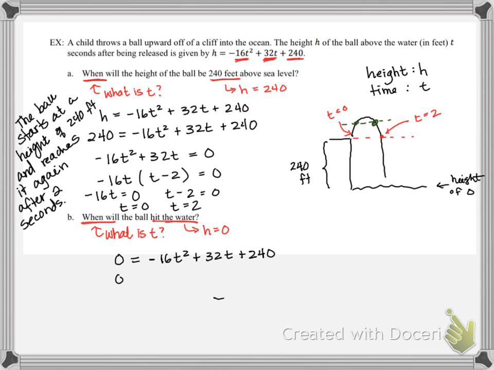So 0, I'm going to switch sides. Negative 16 times t squared minus 2t, 240 divided by 8 is 30, 15, minus 15 equals 0.